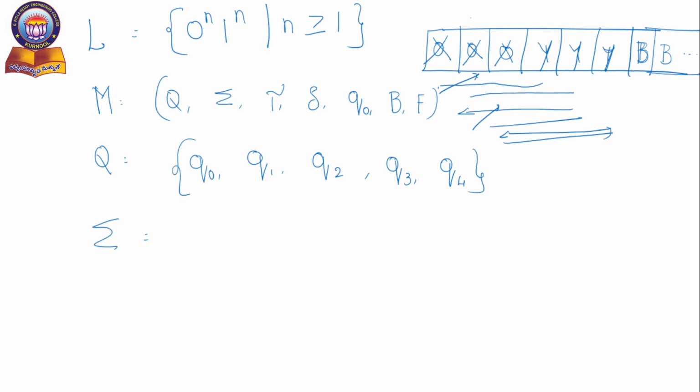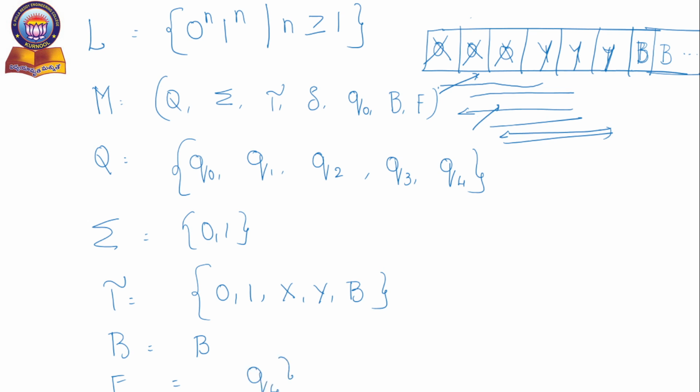Next sigma is 0, 1, and tau is the sigma symbols and the symbols which we are using over the tape. That means we are converting 0 to x, 1 to y. So x, y, and one more symbol, the blank symbol, will also be there. So 0, 1, x, y, B constitute the tau. Next, blank is blank only. And I am making the last state, Q4, the final state. So F is equal to Q4.